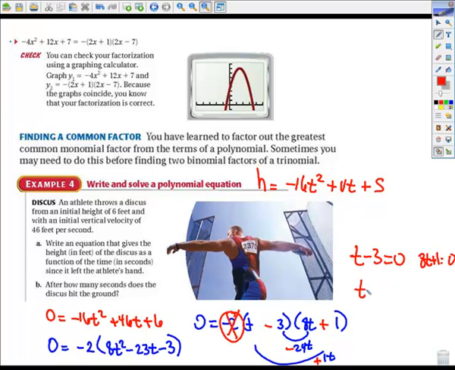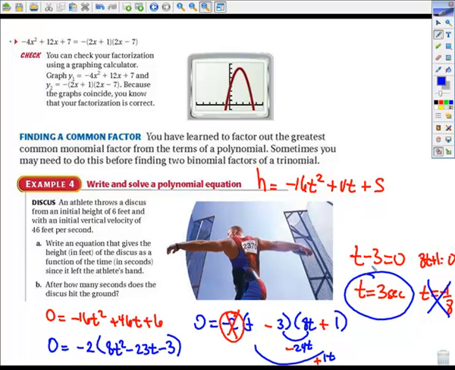Here I will add 3 to get 3 seconds. Here I would subtract 1 and divide by 8. This is one of those non-essential answers. Algebraically it works, but you cannot have the discus back on the ground at negative 1/8 of a second. So your final answer is just t equals 3 seconds.